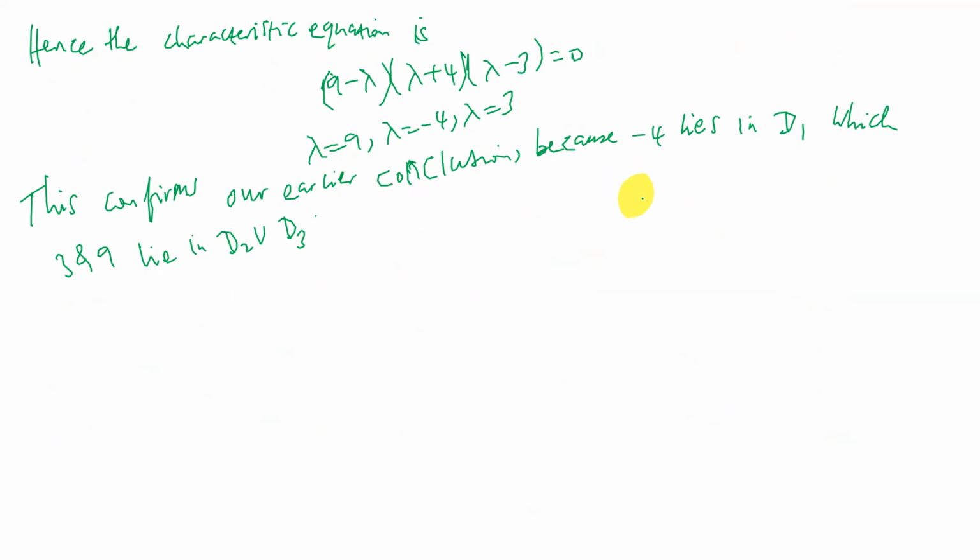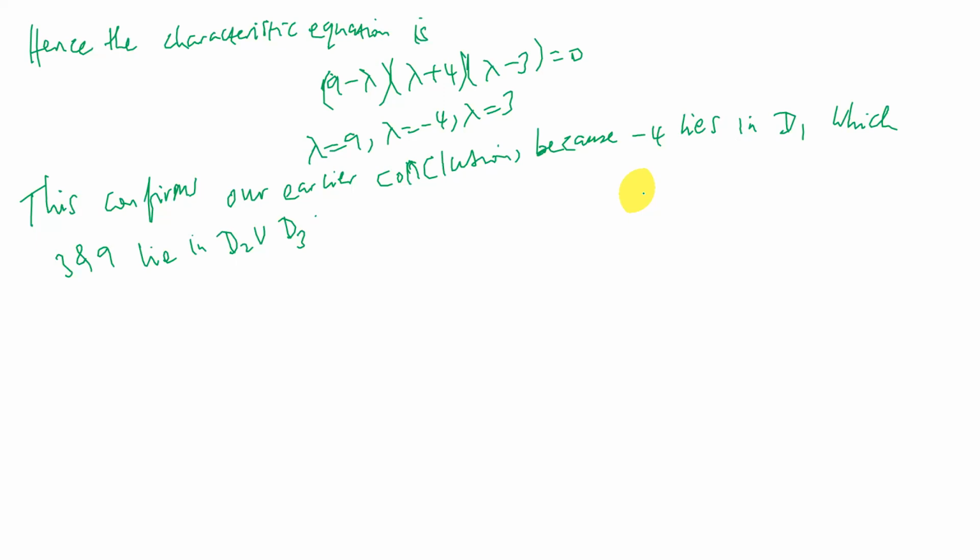Right, so now if you look at minus 4, where does minus 4 lie? We actually say, therefore, minus 4 will lie in disk 1. So lambda equals minus 4 will lie in disk 1.